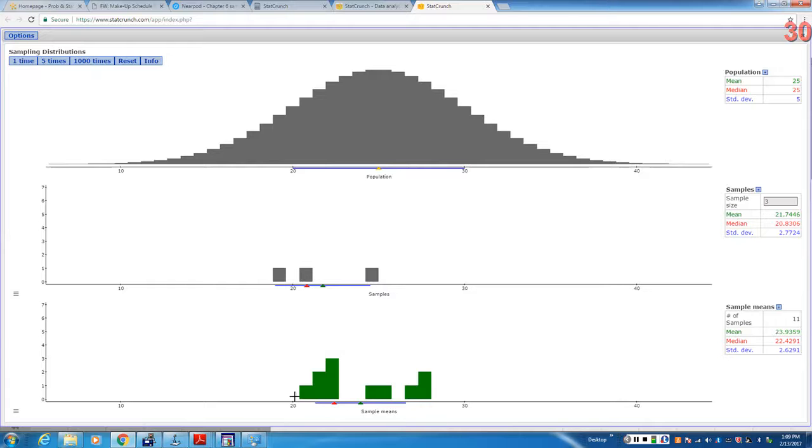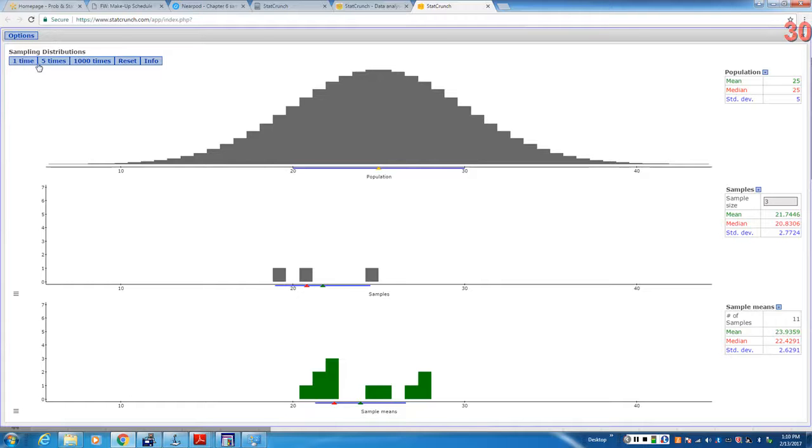This is its distribution of the sample means. The mean of all the 11 sample means is 23.93 with a standard deviation of 2.62. Our standard error is 2.62 in this case, where our population standard deviation was 5 and the mean was 25. Does everybody understand what we're doing here?